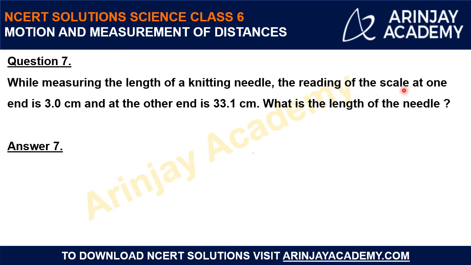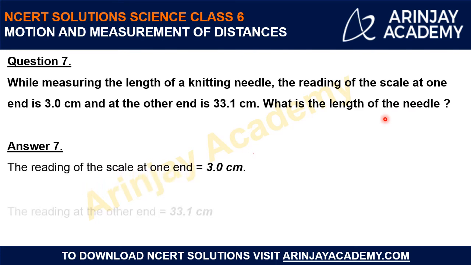One reading is at one end of the knitting needle and the other is at the other end of the knitting needle. So the first reading is 3.0 centimeter at one end, and at the other end we have 33.1 centimeter. By this information you need to calculate the length of the needle.